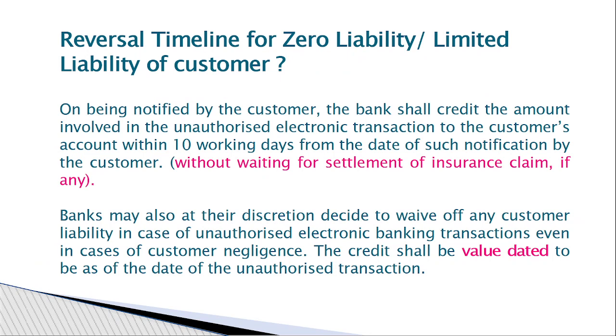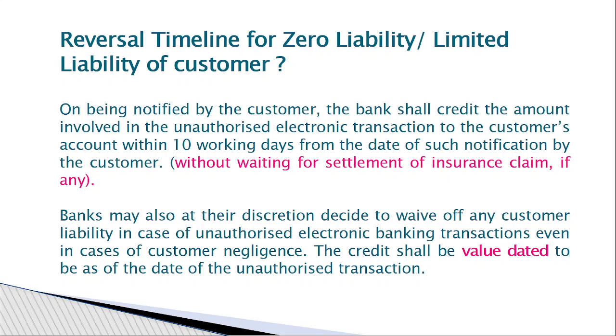So, reversal time. Whatever unauthorized transaction happened should be returned. Even though the bank has some insurance on those transactions, cyber insurance is also available now. Whether or not they get a settlement from the insurance company, it should be paid to the customer and it should be value dated.